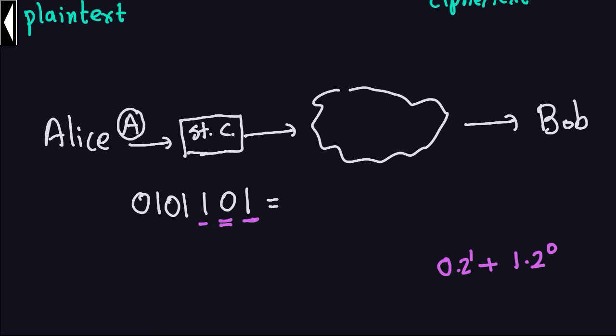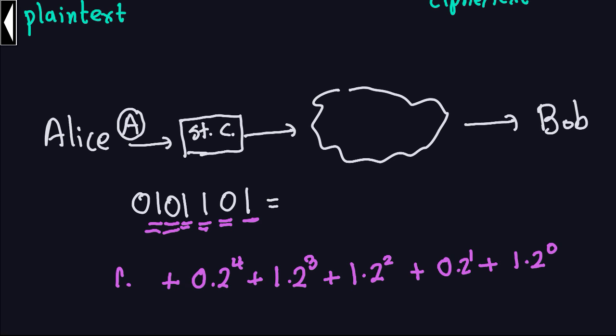The third is the coefficient of 2 squared. The fourth is the coefficient of 2 cubed. Then plus 0 times 2 to the fourth, plus 1 times 2 to the fifth, and finally plus the last 0 times 2 to the sixth.